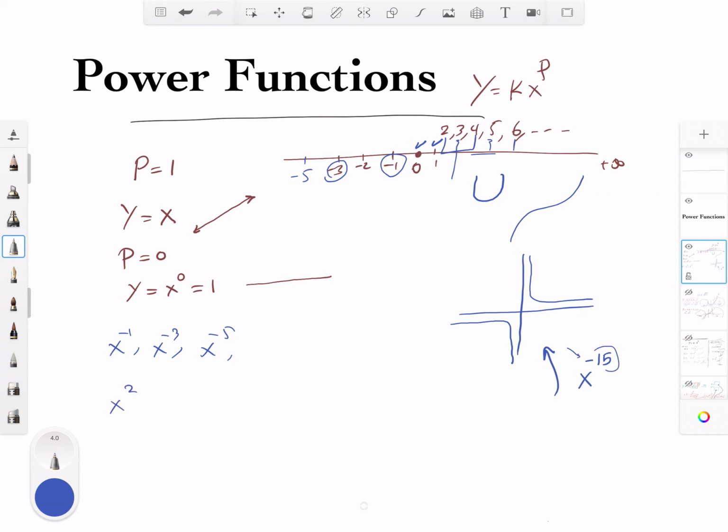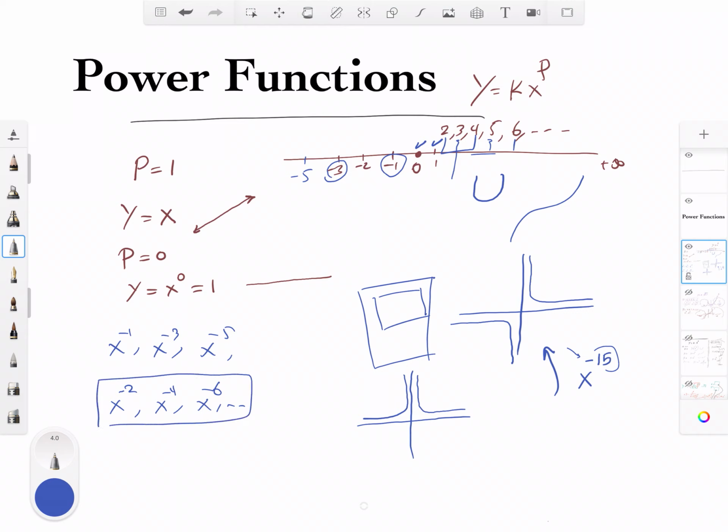If we have negative even numbers like x to the power -2, x to the power -4, x to the power -6, this will be a rational shape like that. You have a calculator, you definitely can use the calculator if I give you multiple choice to see which one is the graph of, like, x to the power -6, but I would recommend to just memorize it. If you graph it, you should get something like that.